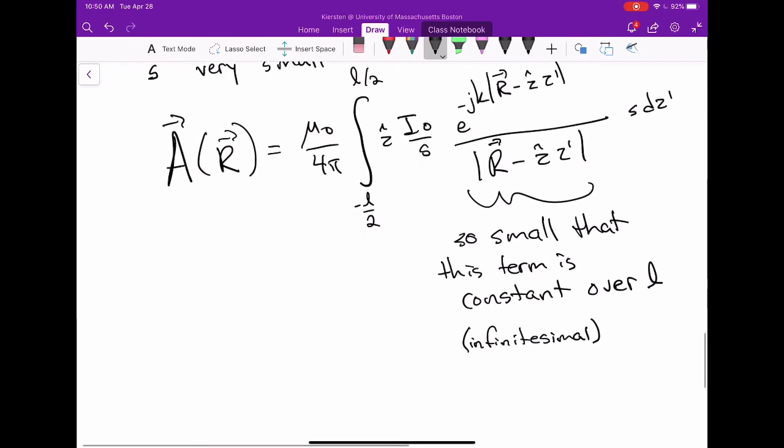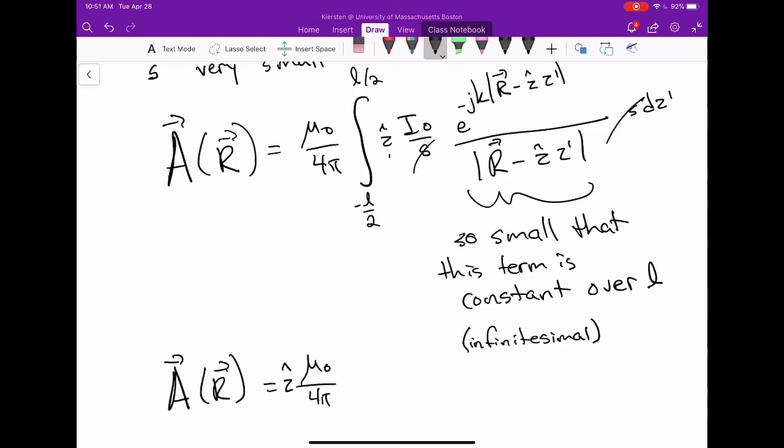So if that is the simplification we can make, then the magnetic vector potential due to this Hertzian dipole is mu naught over 4 pi. The z hat just moves out to the front. I naught over S times S, so the S's cancel. We integrate I naught dz from minus L over 2 to L over 2, so we get I naught L. And then we have e to the minus jkr over r.